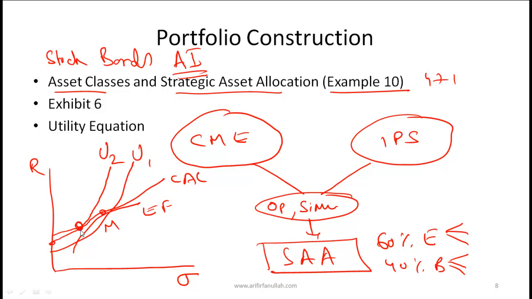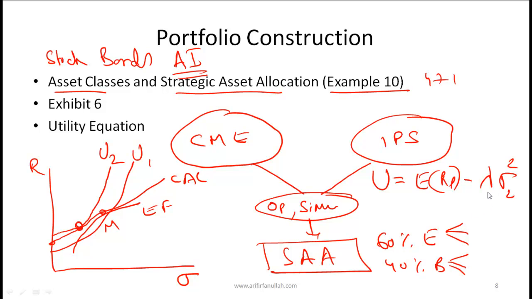So essentially we will go with this portfolio here, which is where the highest utility curve is tangential to the capital allocation line. And again, the equation for these utility curves is given by U = expected return of portfolio minus lambda sigma p squared.